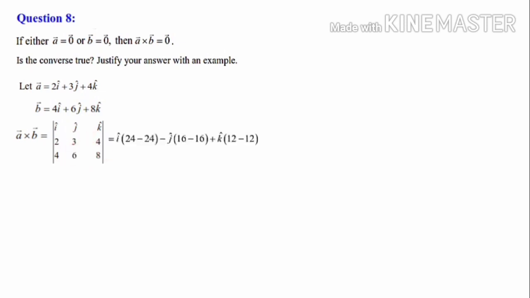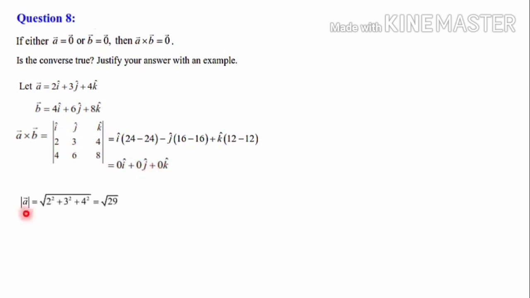We will just expand it. i cap into, row and column gone, 8 into 3 is 24, 6 into 4 is 24, minus j cap into, row and column gone, 16 minus 16, plus k cap into, row and column gone, 12 minus 12. That is equal to 0 i cap plus 0 j cap plus 0 k cap.